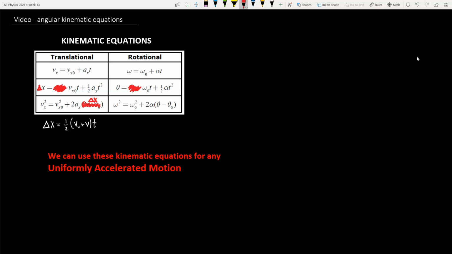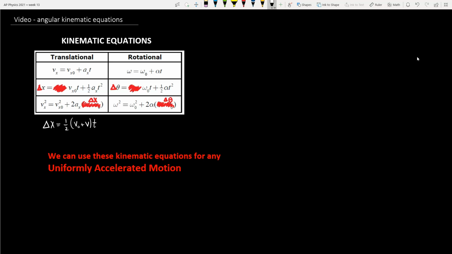We can make these same little tweaks. We wouldn't put that, we would put change in angular displacement. We wouldn't put this right here. We could put just angular displacement, change in angle. And same thing for that one equation that's not included on the equation sheet.